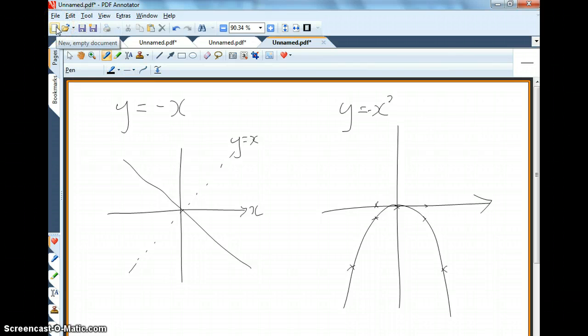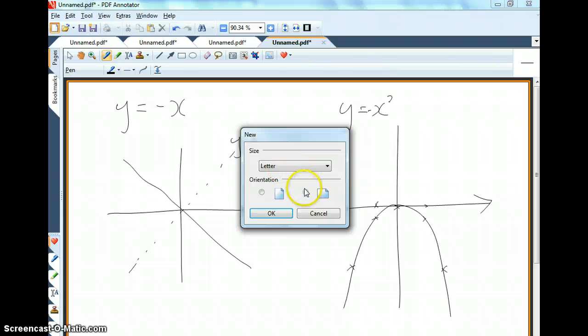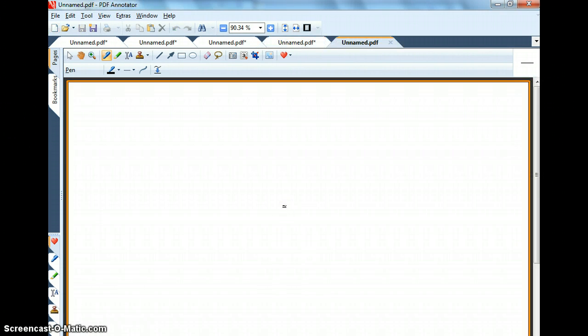So I've done left, right, up and down, and flip things. What other movements are there left to do? Flatter or narrower. Okay, so we call that amplitude. Now I'm not going to tell you which does which. I'm going to get you to use your graphics calculator, or borrow one, and you can figure this one out.